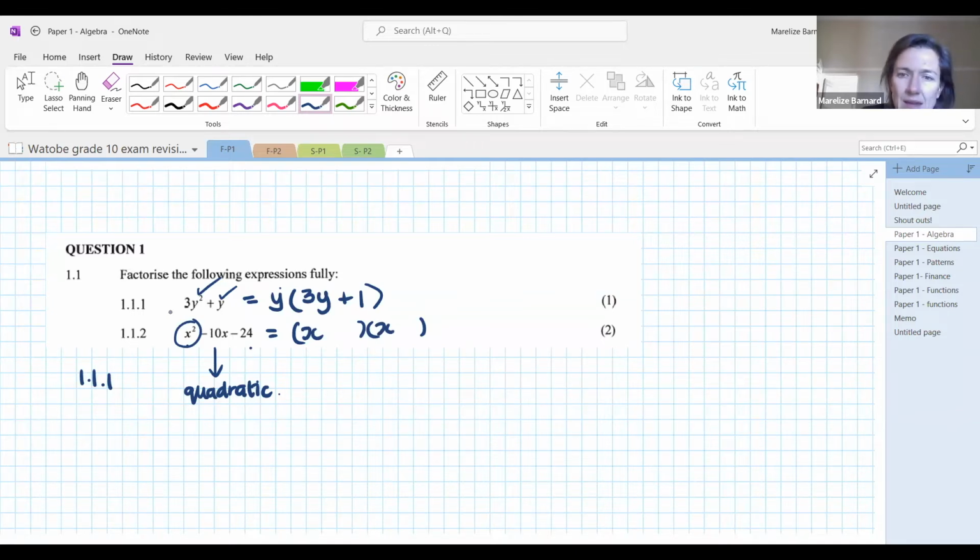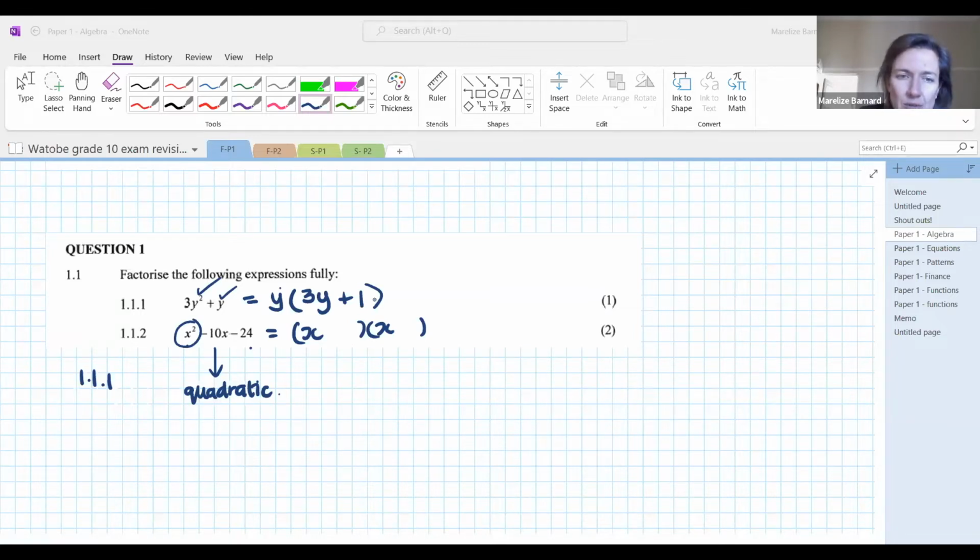And then I need to figure out which factors of negative 24 are going to cross multiply and add up to negative 10. So Melly says it is x minus 12, x plus 2.